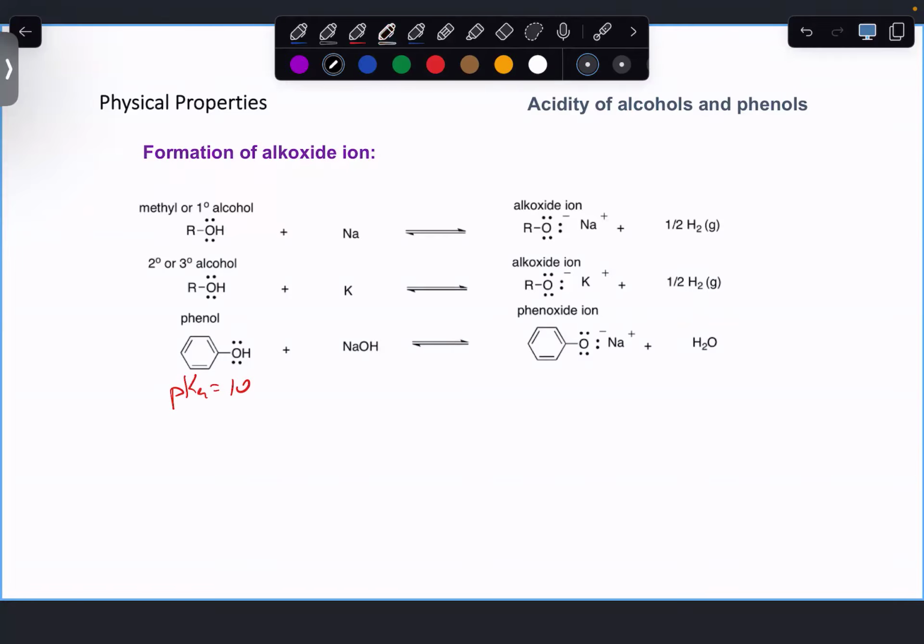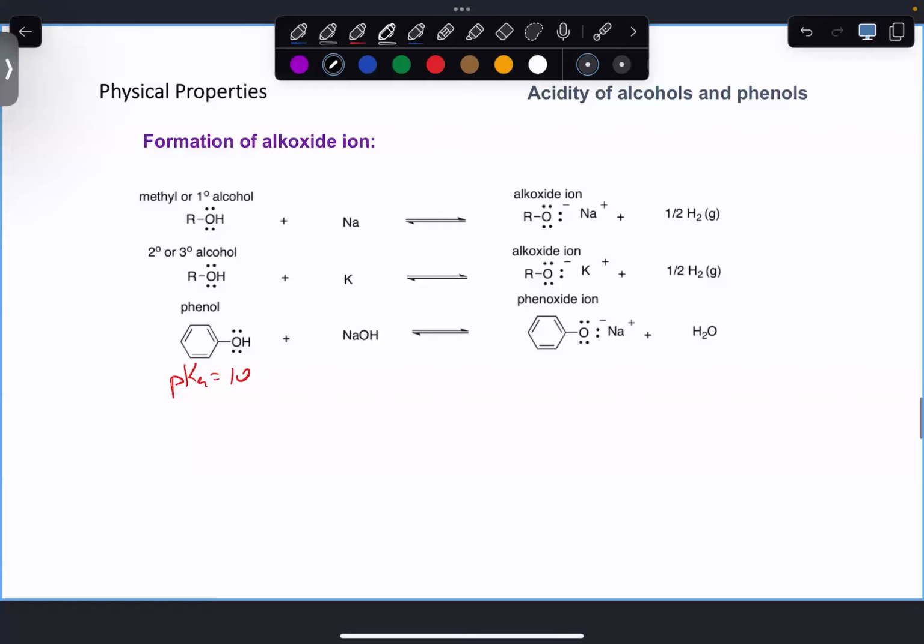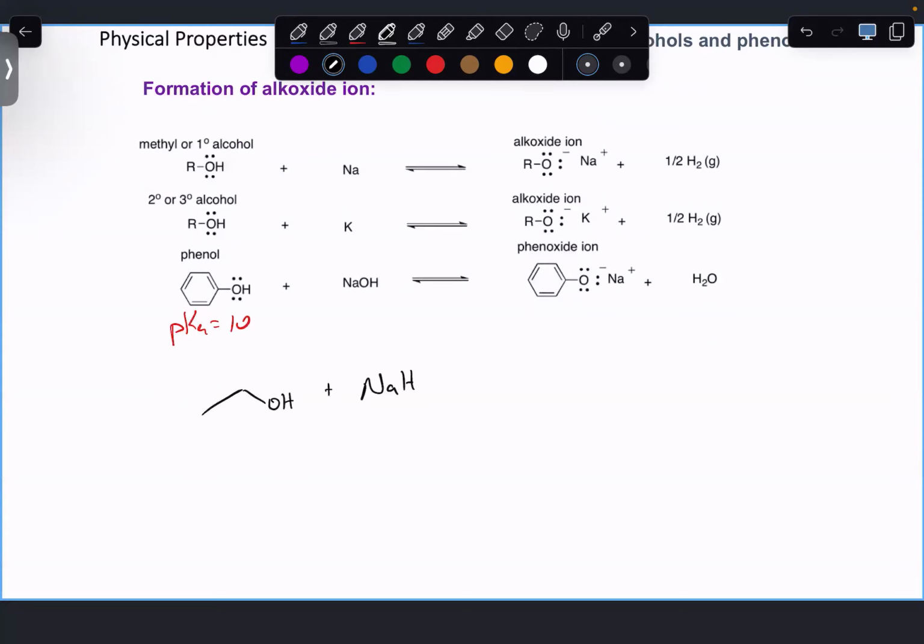I do want to show you one final way, probably a more common way of deprotonating these alcohols, through the use of this base. And we're going to see this quite a bit going forward, this sodium hydride. Sodium hydride is really the hydride ion, H minus.